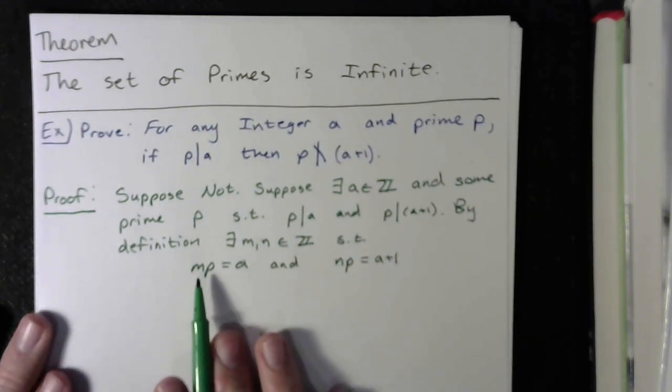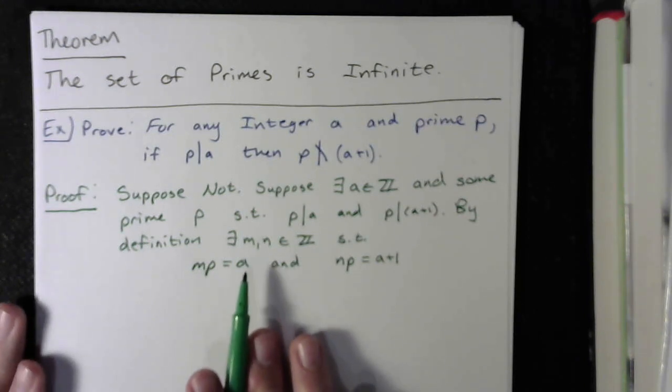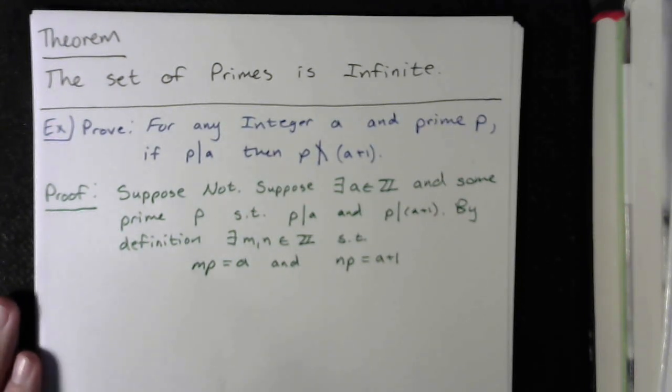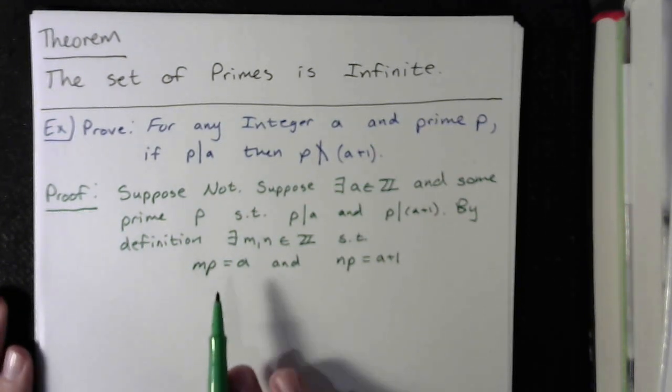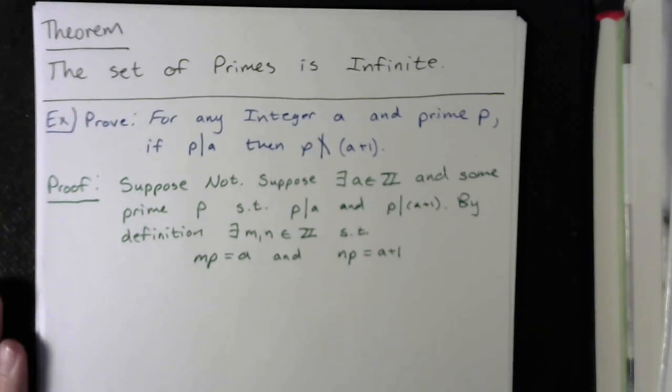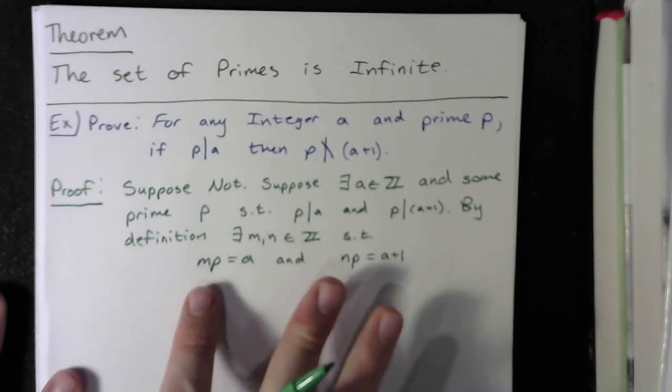Remember, we don't want to use the same integers here because that would mean something very, very specific, and a is definitely not equal to a plus 1. So they need to be different letters here.